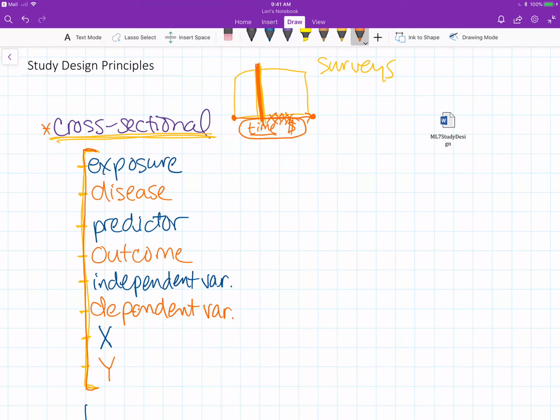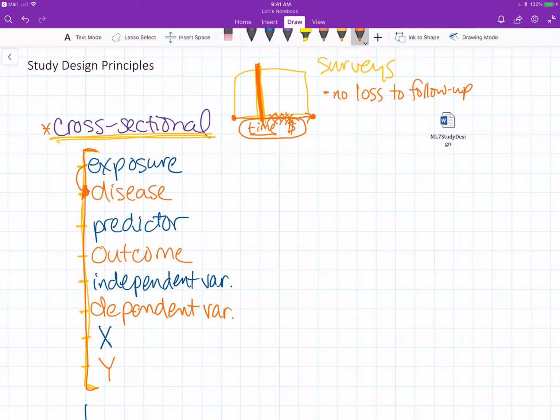So there's what's called no loss to follow up. So you don't lose track of them. And so those are a couple of really big advantages. The primary disadvantage is that we can't say anything in general about whether that exposure caused that disease.